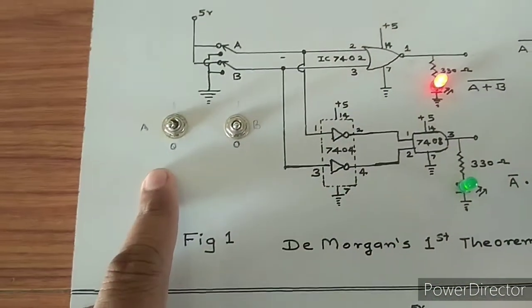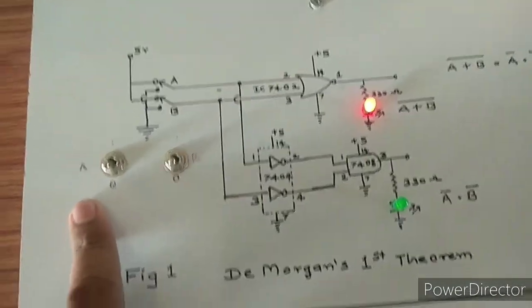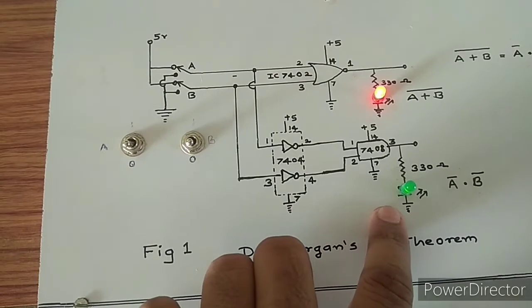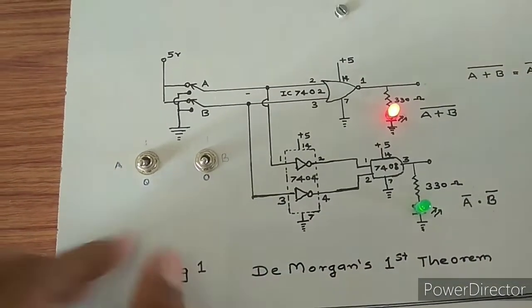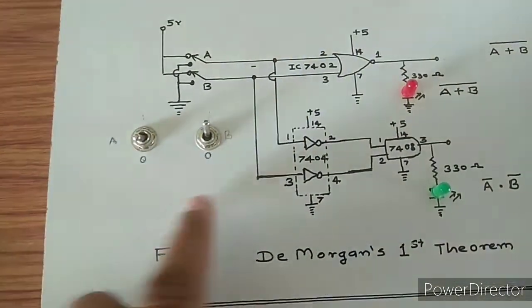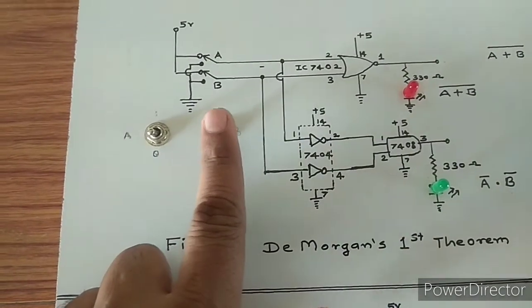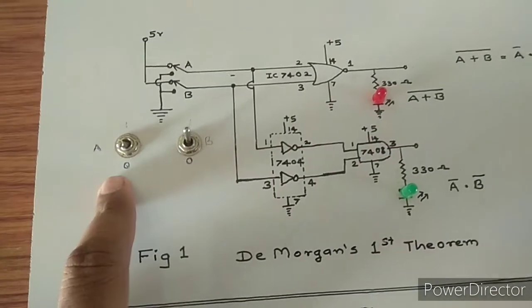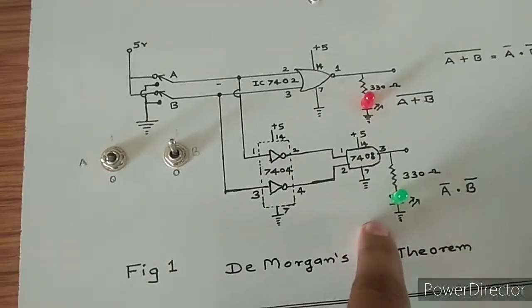So here we apply the inputs. When both the inputs are 0, the output on LHS and RHS is 1. Next, 0 1. Now we take this upside. For 0 1 both the lights are off, means when the input is 0 1 the output is 0.